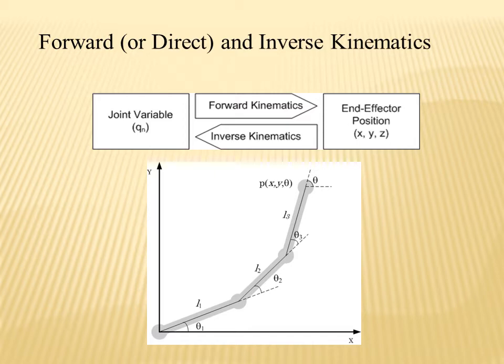When you take an open kinematic chain here, if you give the joint angles, say theta 1, theta 2 and theta 3, and define the joint variables, the link lengths can also be defined here. Theta 1, theta 2 are the joint variables, so that you can find the position of the end effector in space.